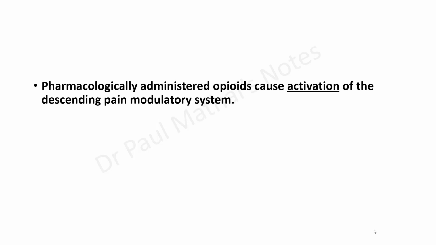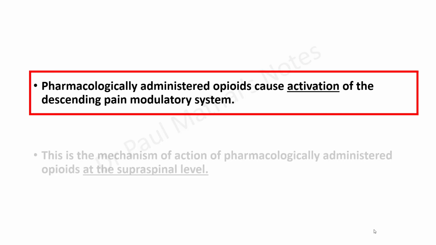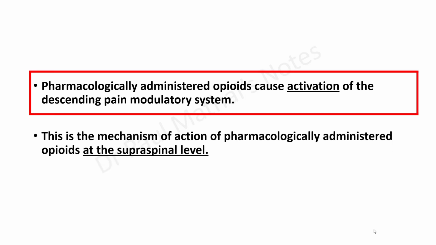In other words, pharmacologically administered opioids will cause the activation of the descending pain modulatory system. So this explains the mechanism of action of pharmacologically administered opioids at the supraspinal level.